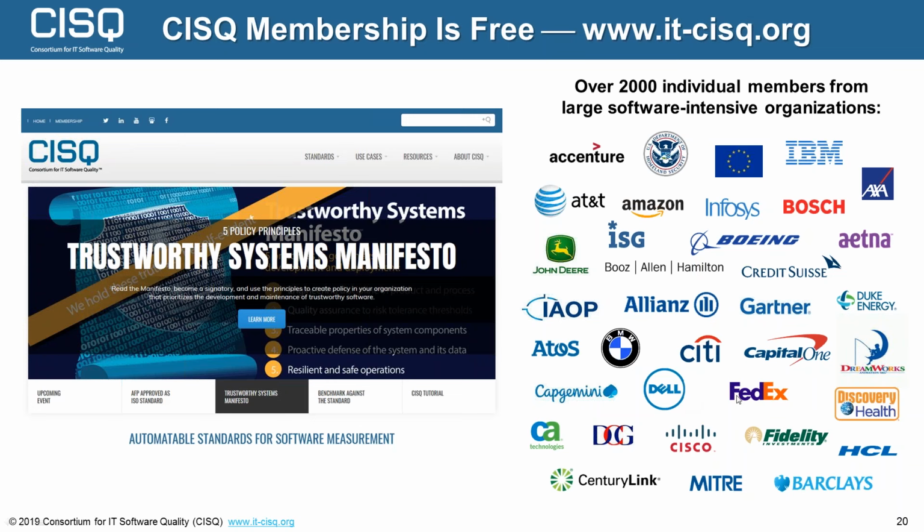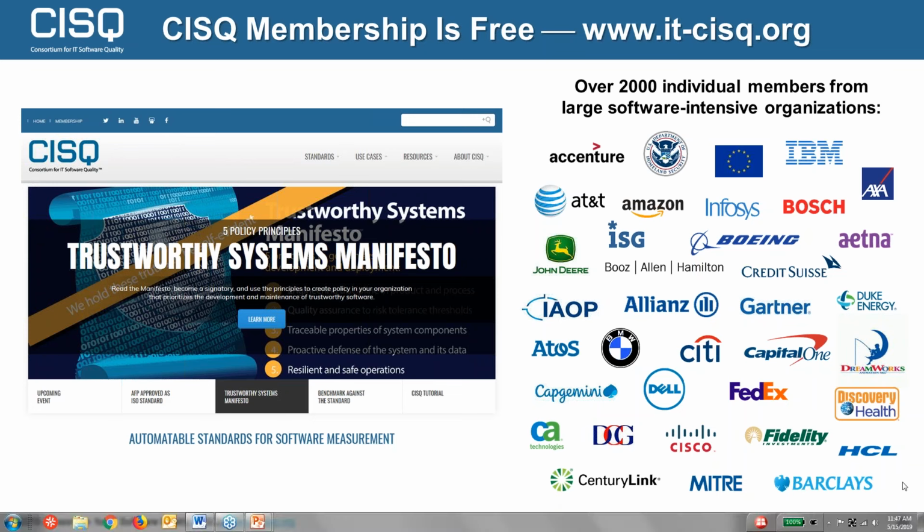So Bill, we have a few questions that came in. First, is there a plan to align CISQ with OWASP? Actually, it's sort of already done. We incorporate the OWASP weaknesses into the security measure. Originally, we took the top 25 CWEs, of which the OWASP top 10 were a part, and the SANS Institute top 25.